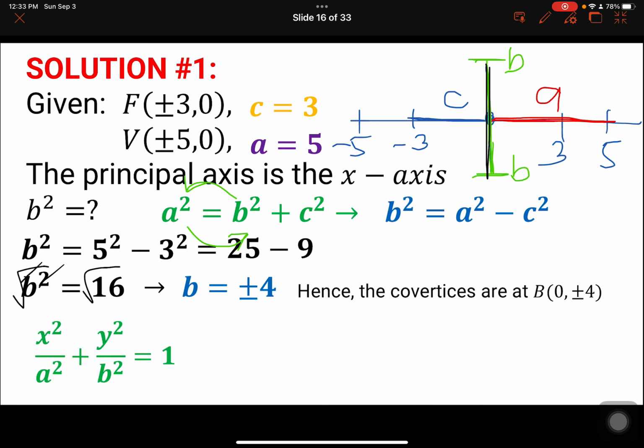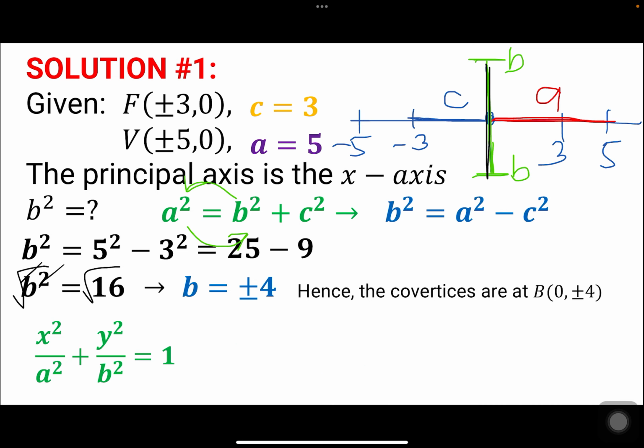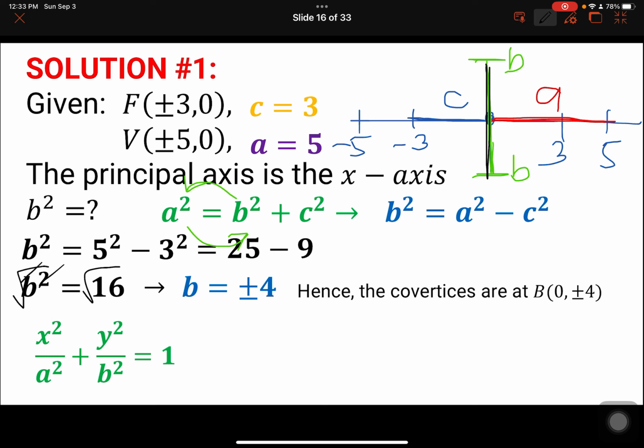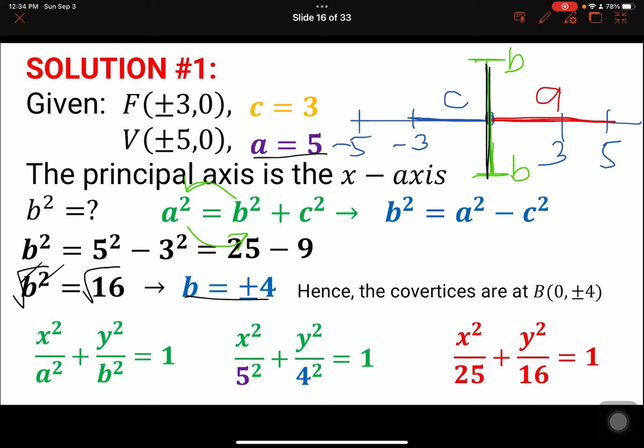So, substituting it into our general equation, we will get the value of A is 5, and the value of B is 4 as we can see from our solving, no? So, substitute nyo lang po, magiging x squared over 5 squared plus y squared over 4 squared is equal to 1, or simplifying the 5 squared and 4 squared, magiging x squared over 25 plus y squared over 16 is equal to 1. So, this will be our standard form.